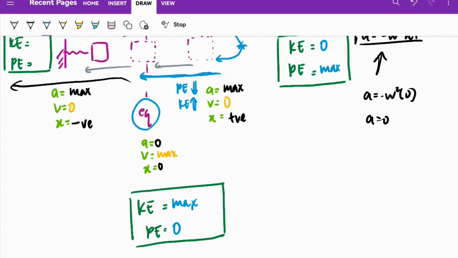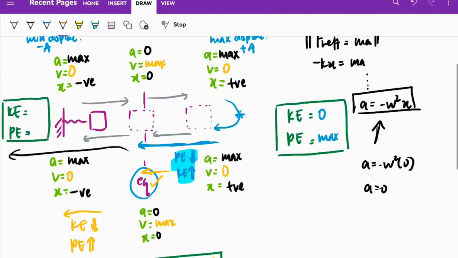As you move towards equilibrium, your potential energy slowly decreases and kinetic energy slowly increases, until eventually at equilibrium you reach maximum. Then after that, what happens? You're going to go back to your maximum amplitude. Your kinetic energy will slowly decrease, your PE will increase. Then at maximum amplitude, your KE is 0 and your PE is maximum because you are stretched.